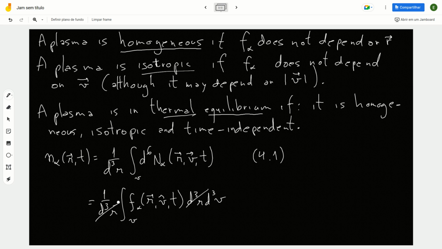There's no problem in doing this operation, although this is inside the integral, because the integration is in v, not in r. So I can just move this out of the integration and cut with this. And now we have this representation for the number density. So two equations that you may use for this quantity. One is 4.1 or 4.2, and this is the number density.